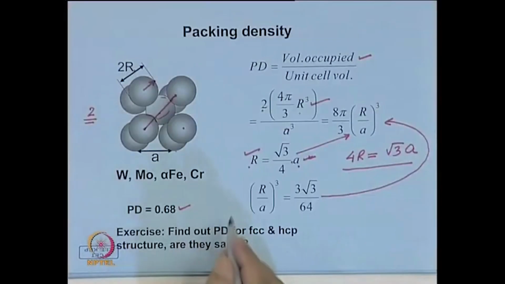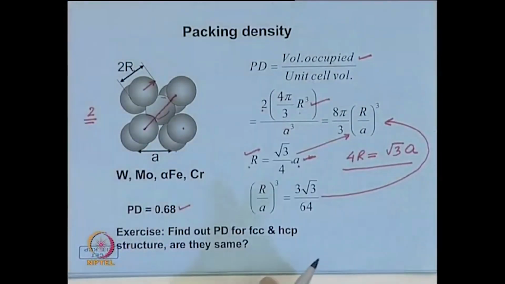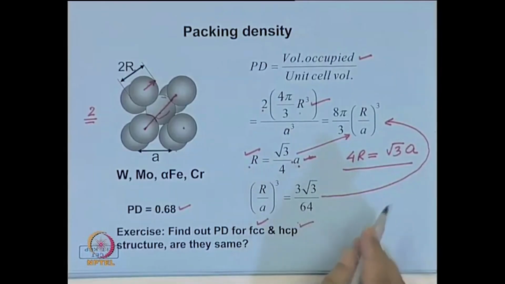So, if the crystal structure changes, the nature of these interstitials and the packing density will change, and you can try and find out the packing density in case of face centered cubic and hexagonal close pack structure.